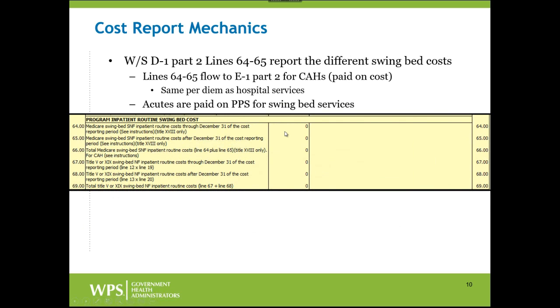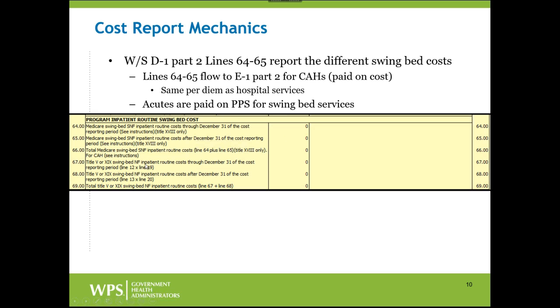But the point is, these amounts for lines 64 and 65, these are the SNF costs, the Medicare program SNF costs that are going to be allowable. If it's a critical access hospital, this amount flows to E-1 Part 2, whereas the acute care hospitals are paid on PPS, so this Medicare swing bed SNF cost really is only used for data purposes. It's not used for reimbursement.